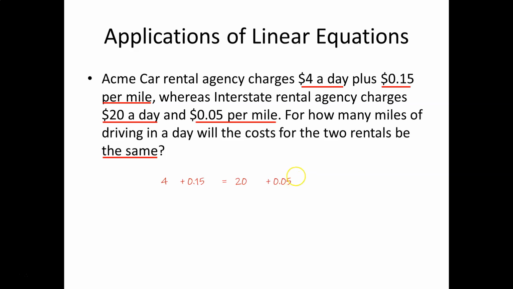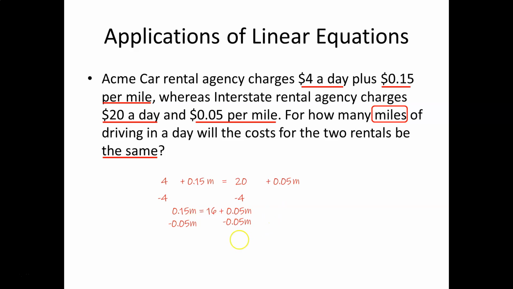So we want these to be the same, but we don't know where the variable goes. Yes we do. We're looking for miles. So miles are attached to the 15 cents and the 5 cents. And now we just solve this like any other equation. We get our numbers on one side, our variables on the other.